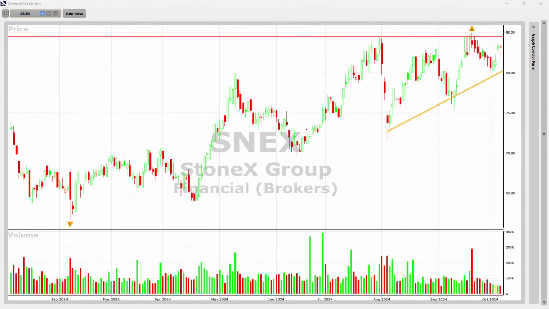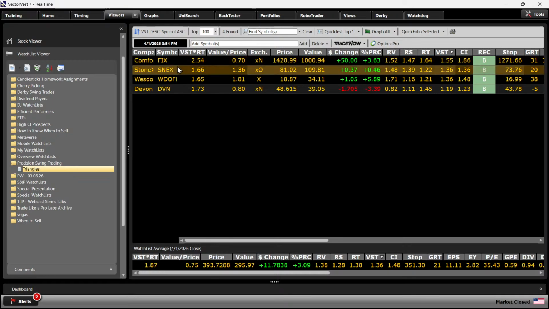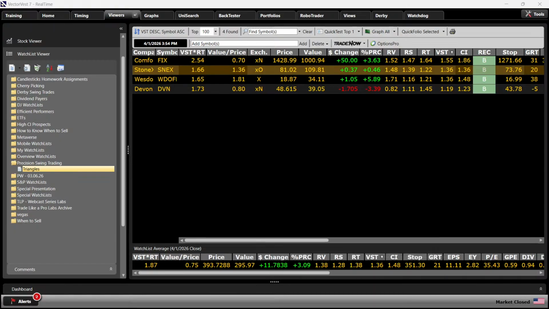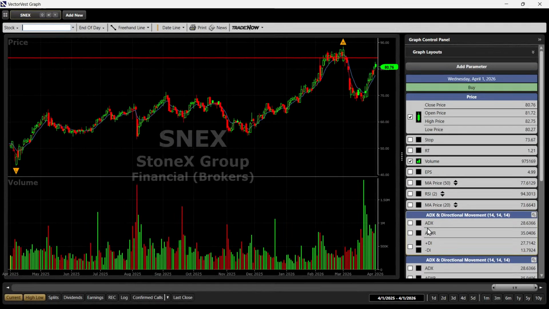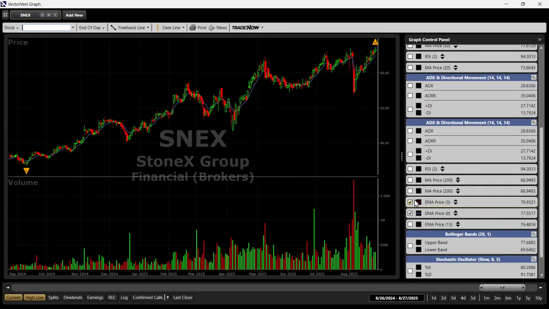Okay, here's another one, SNEX. Let's actually go into the program and look at SNEX on a real chart. I'm going to go back. Where was I? I've got to clean up this chart a little bit.